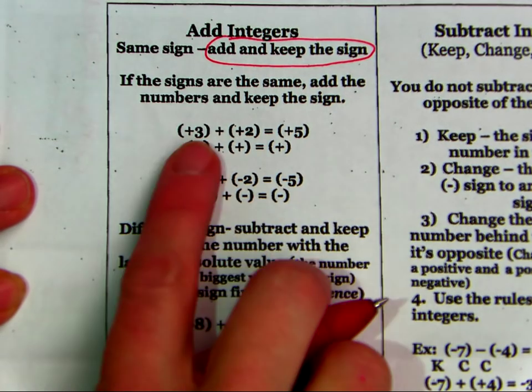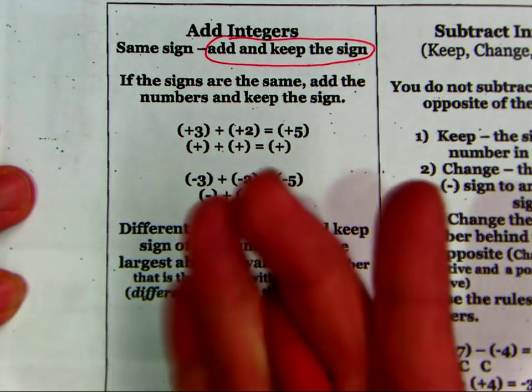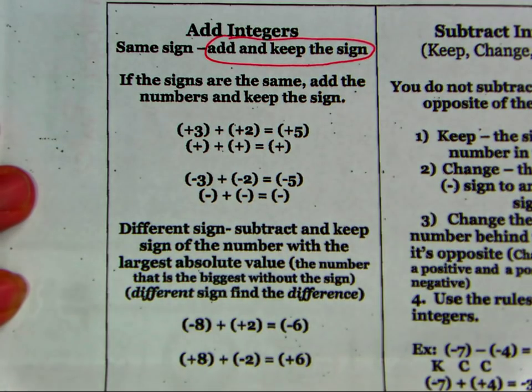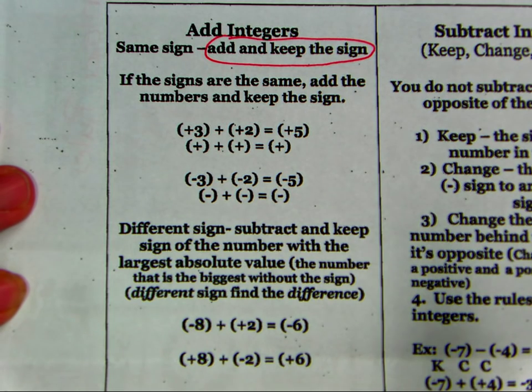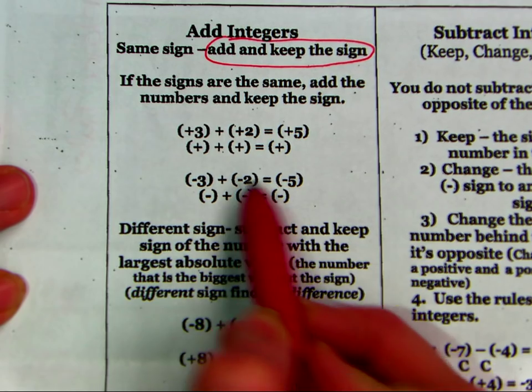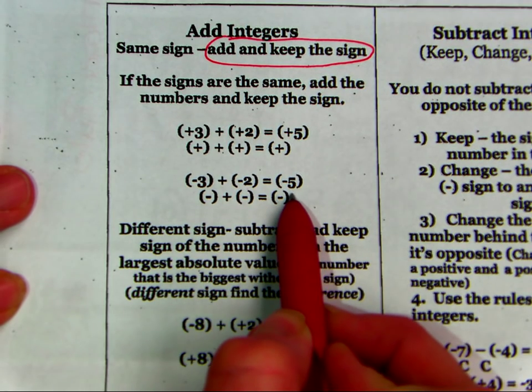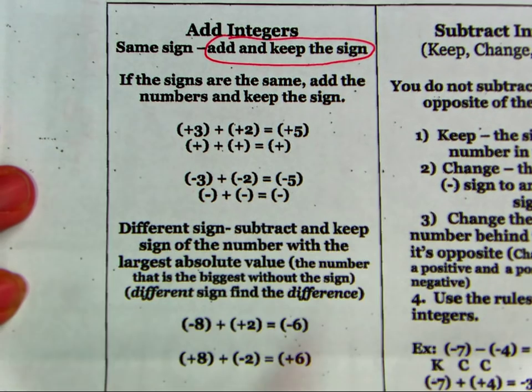So if we had a negative plus a negative, you would get a negative. It stays the same. If the signs are the same, add the numbers and keep the sign. So see, a -3 plus a -2 equals a -5. A +3 plus a +2 equals a +5.